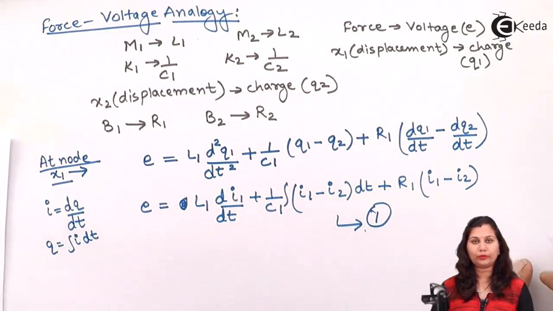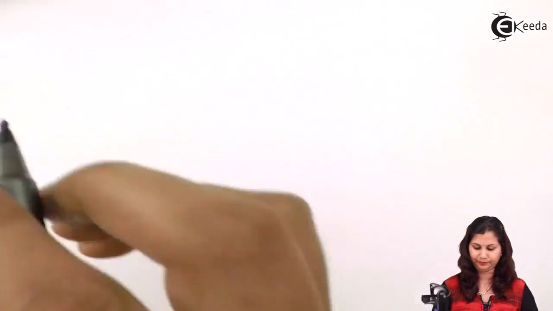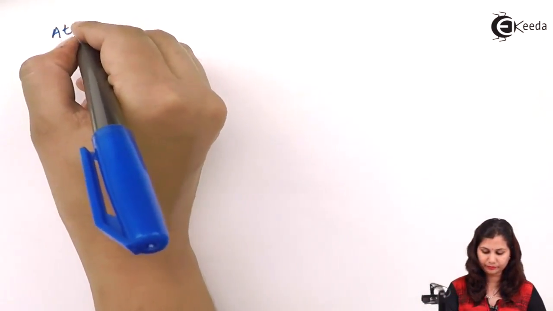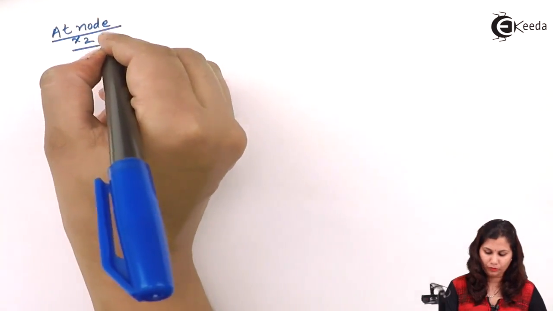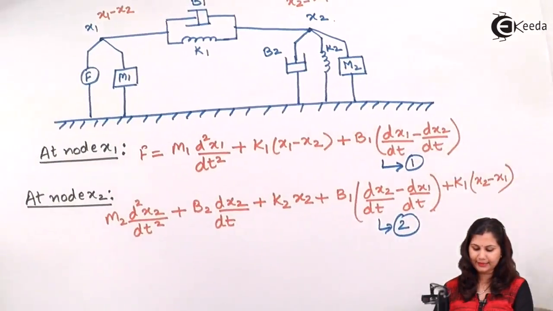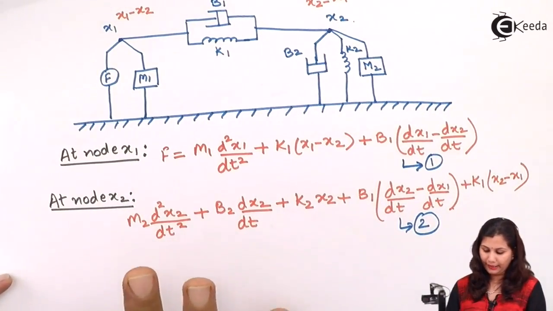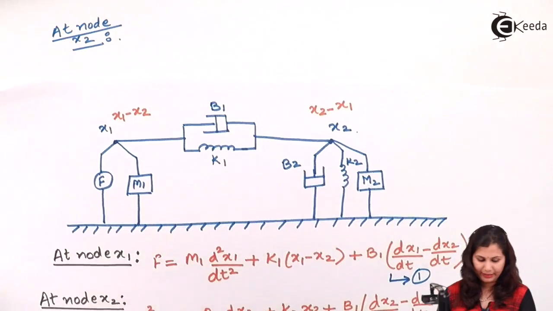Now we will write the equation for the node x2. For the x2 node, we had the equation as this. Again, we will replace the variables. M2 will be replaced by L2.